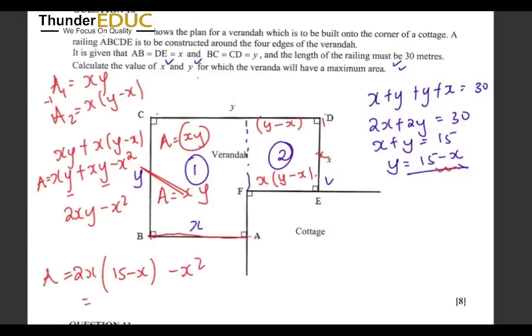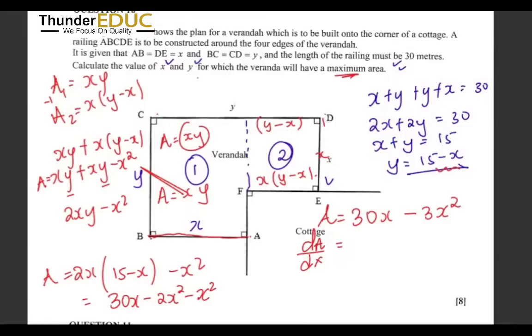That's our area. Open this up. That's going to be 30x minus 2x squared minus x squared. Simplifying that further is 30x minus 3x squared. So this is the total area. For the area to be maximum, we need to find dA by dx. Find the derivative.